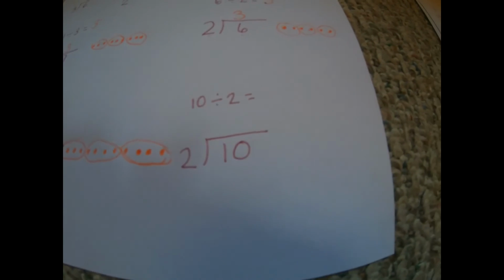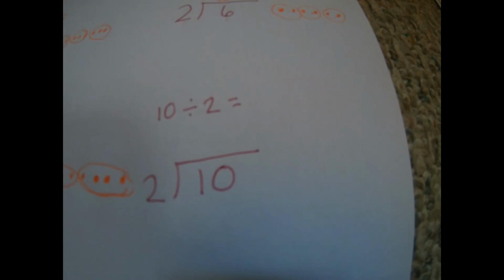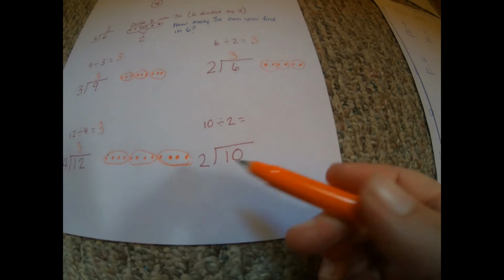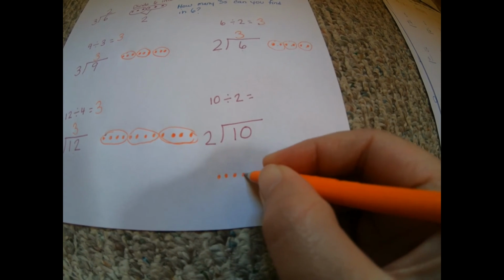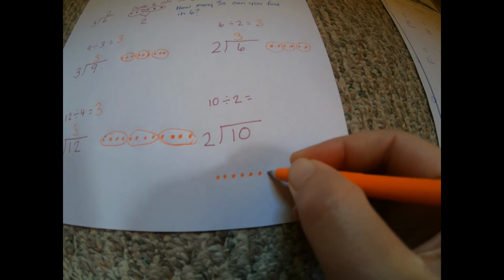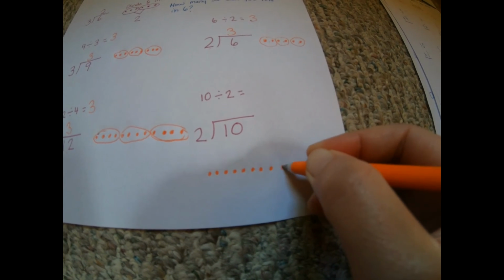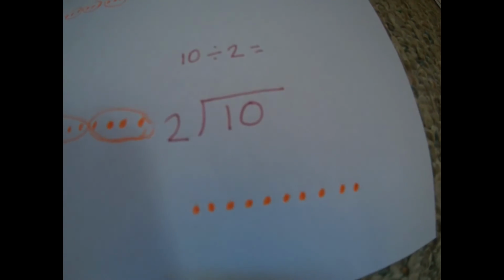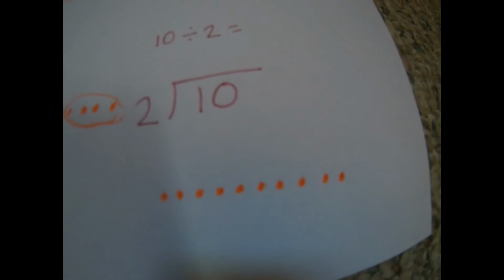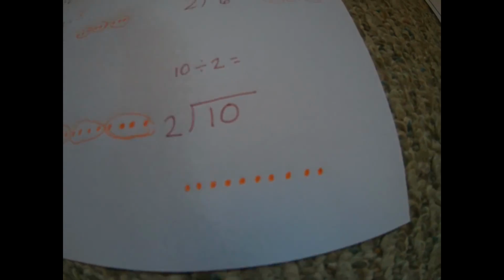Here's the last one we're going to do: 10 divided by 2. 1, 2, 3, 4, 5, 6, 7, 8, 9, 10. This is kind of like counting by 2's, so we'll use it to practice counting by 2's.